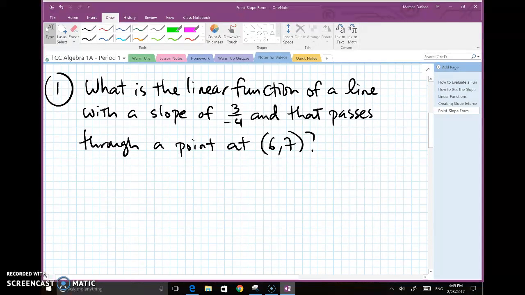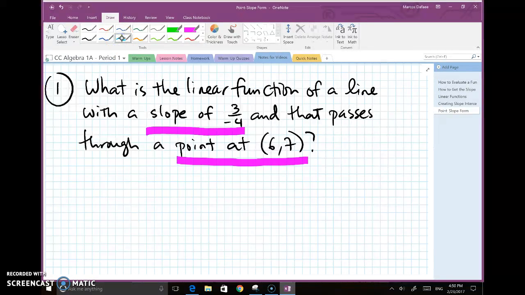It says, what is a linear function of a line with a slope of -3/4 or 3/-4 and which passes through a point at 6, 7? Right away you should note that there's some information given to you here to work with. First of all, it says the slope is 3/-4, and secondly it says that there's a point on this line at 6 and 7.